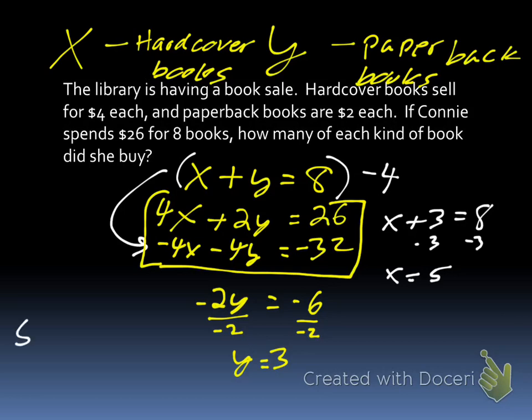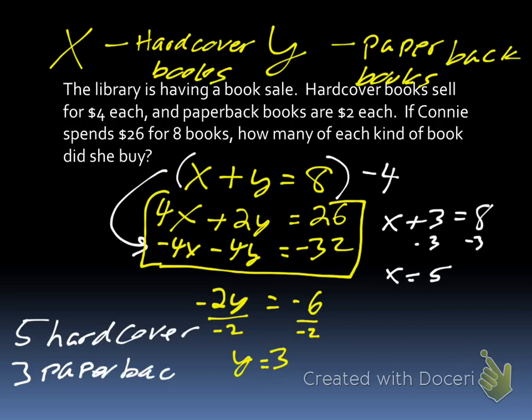She bought 5 hardcover, 3 paperback. I'm not expecting complete sentences and punctuation and exclamation points, okay? But do write out what you're answering the question to, okay? And that's 1.